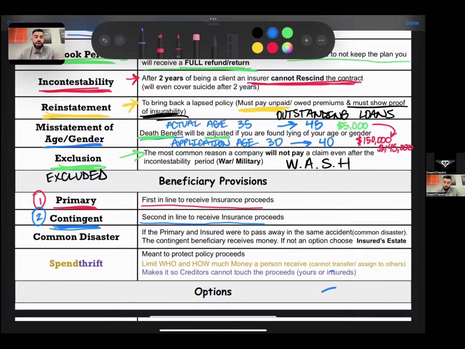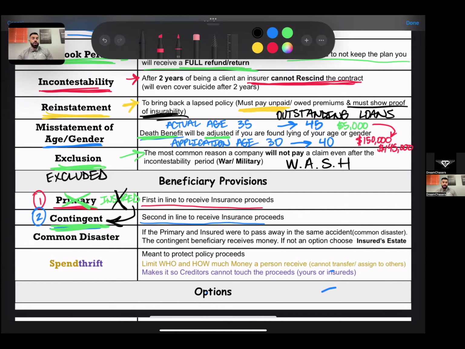Now, the only way that the contingent beneficiary can receive the death benefit proceeds is the primary has to pass away before the insured. And then when the insured passes away, those proceeds will be paid to the contingent beneficiary.